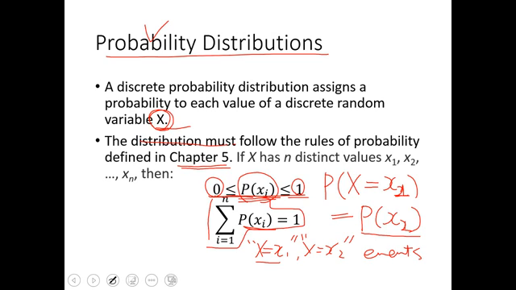Actually, more mathematically, the notation x equals xi is the set of sample space elements omega such that x of omega is the same as xi, with i from 1 to n.